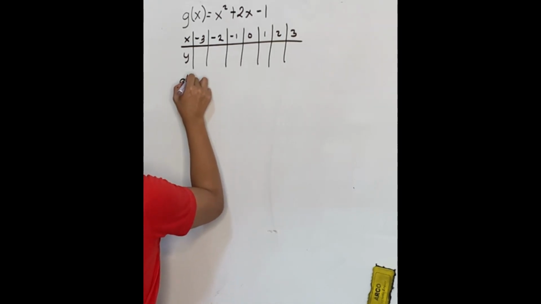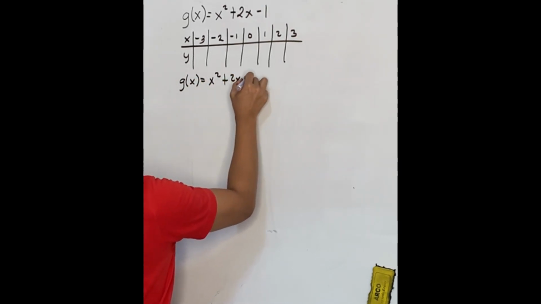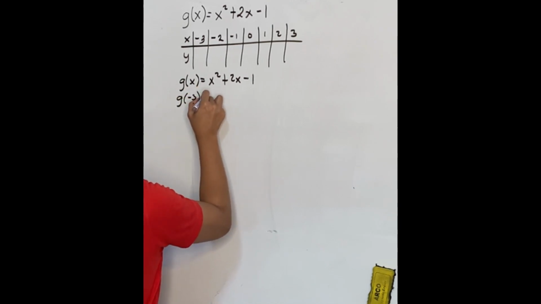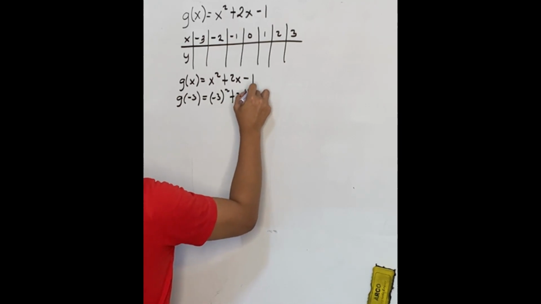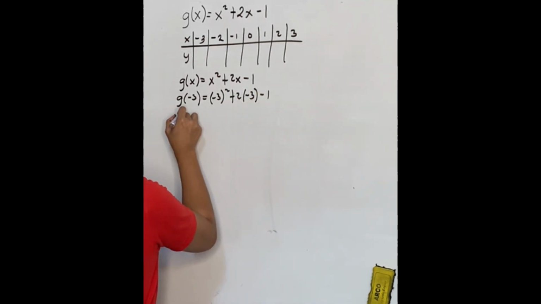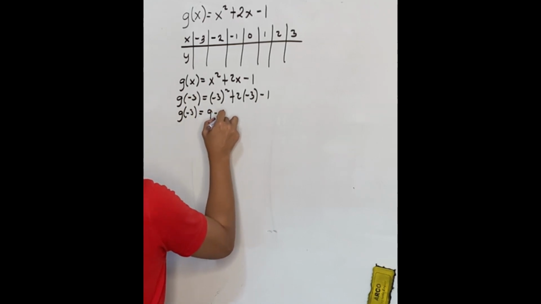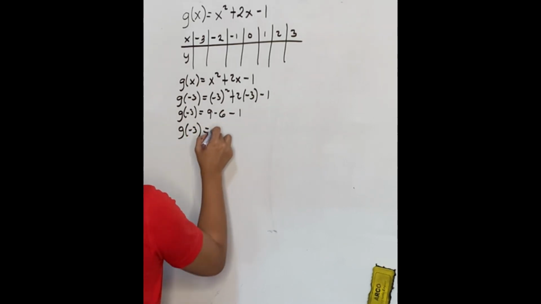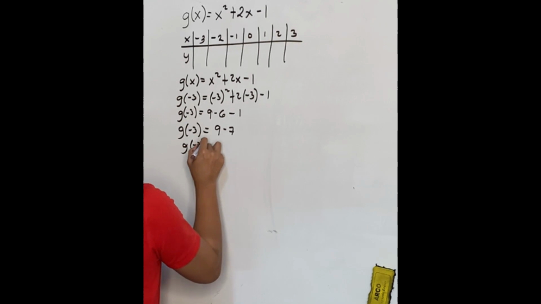So g of x is equal to x squared plus 2x minus 1. So let's have g of negative 3 is equal to negative 3 squared plus 2 times negative 3 minus 1. g of negative 3 is equal to 9 minus 6 minus 1. g of negative 3 is equal to 9 minus 7. g of negative 3 is equal to 2.